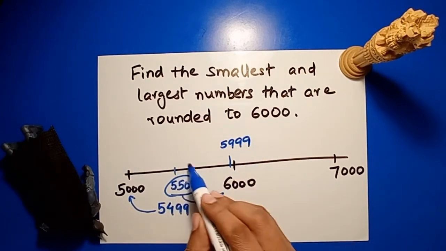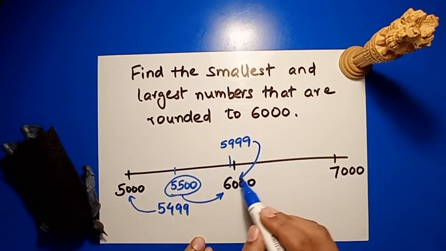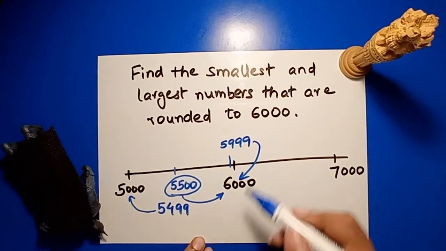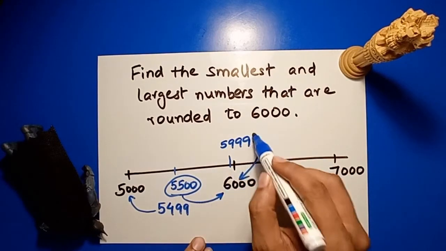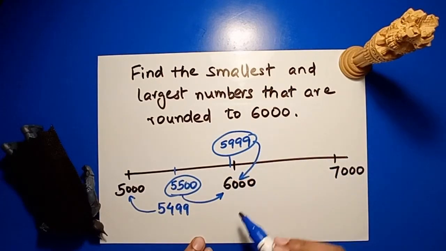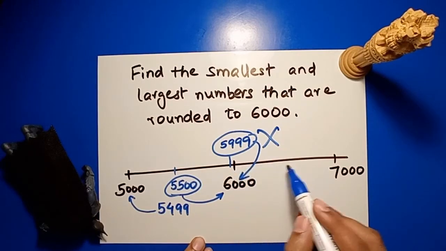And this number is in this part of the number line and it will get rounded to 6000. And this is a large number. So this is the smallest number, this is the largest number. Problem solved. Wrong. Nope. For the largest number you have to go to this side of the number line.